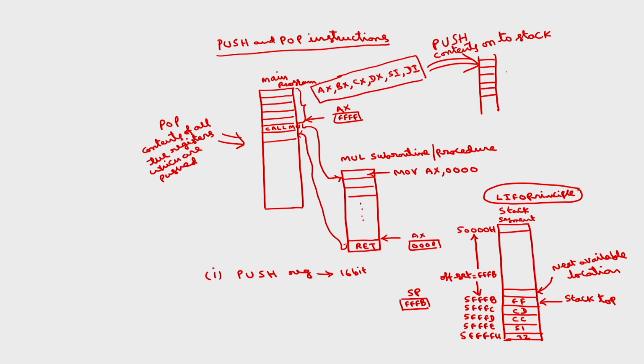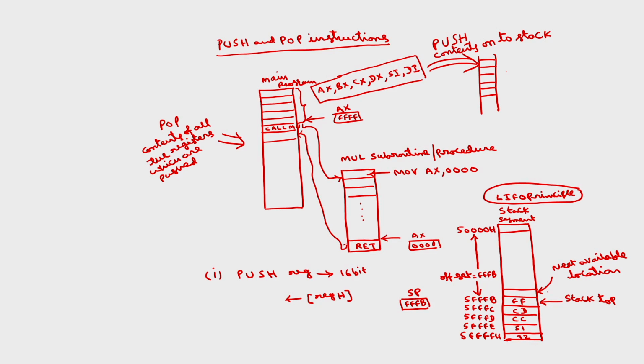Now, in push register, this register must be a 16-bit register. The contents of the 16-bit register will be transferred. This register has a lower order as well as a higher order part. The higher order register contents will be transferred to the next location. If this is the stack pointer, what is the offset of this address?